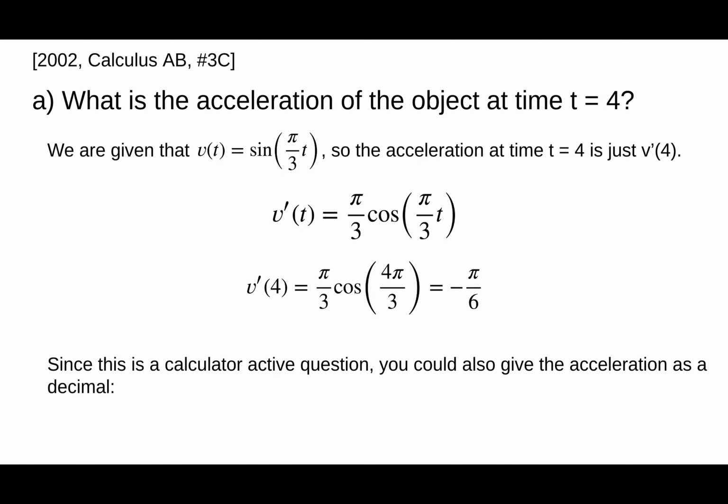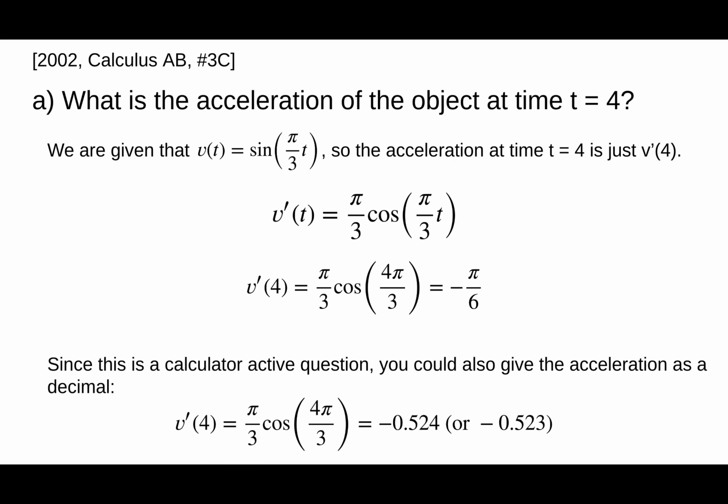Since this is a calculator active question, you could also use your calculator to determine the acceleration at time t equals 4. It doesn't really require it here. This is pretty basic computation using trigonometric values, which should be on the unit circle. But if you do use your calculator for this, make sure you clearly demonstrate what it is you are asking your calculator to do.